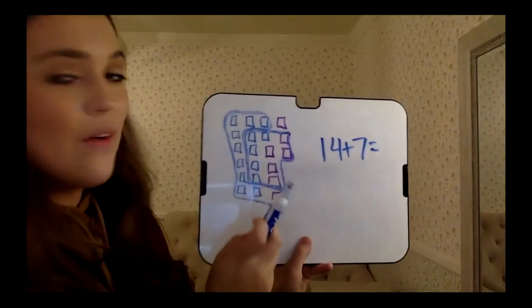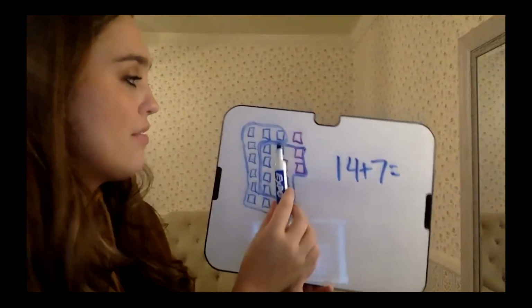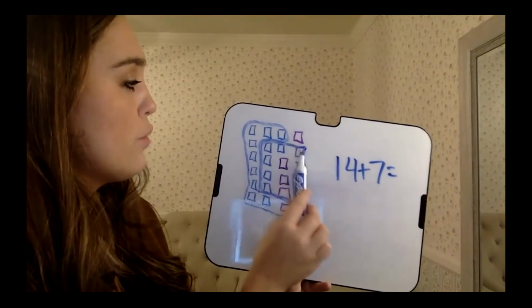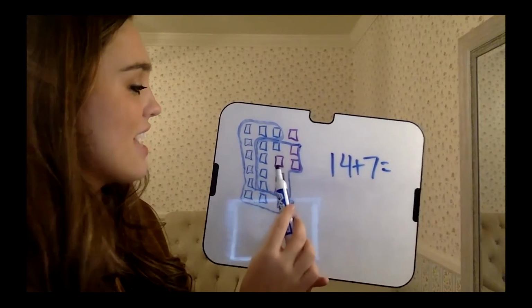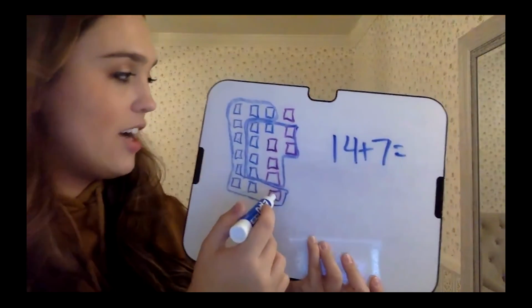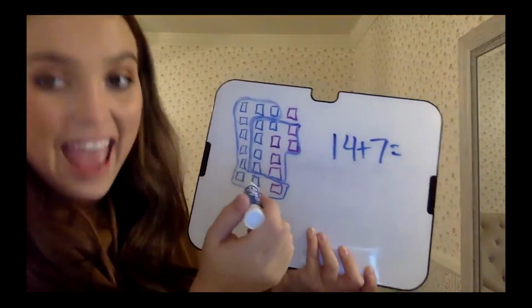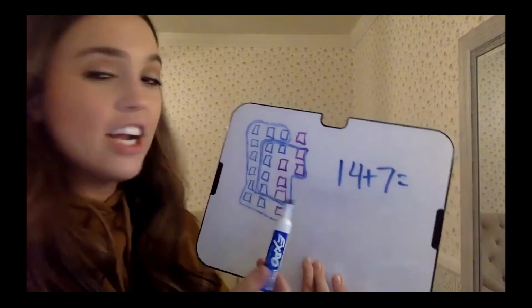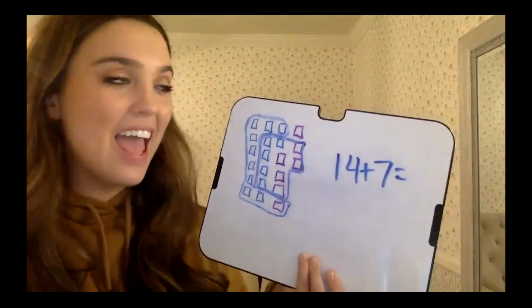Awesome. Let's count in this little box to make sure we have 10. 1, 2, 3, 4, 5, 6, 7, 8, 9, 10. Awesome. So we know in this box here we have 10, and in this box here we have 10.